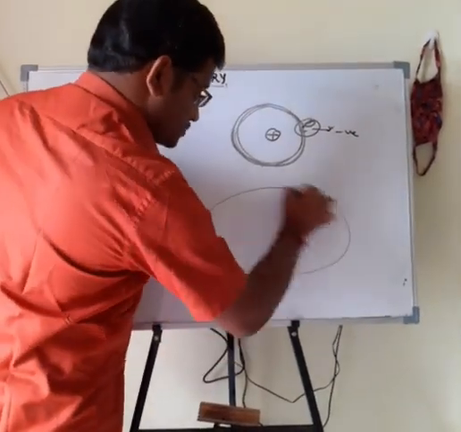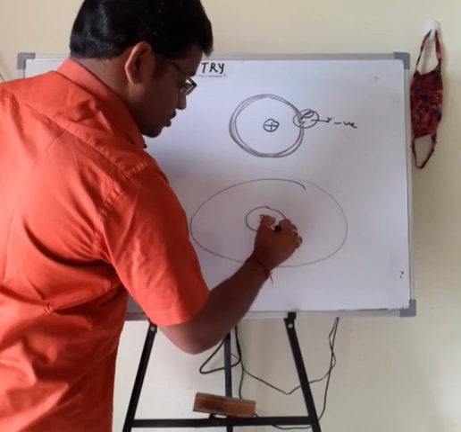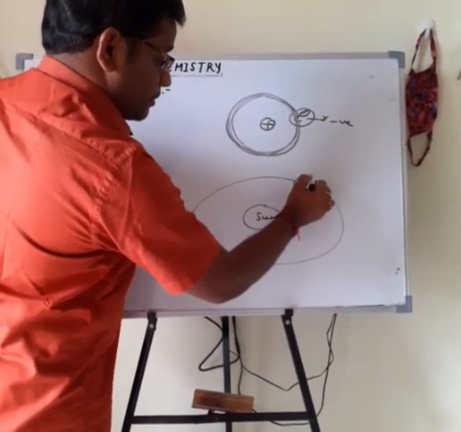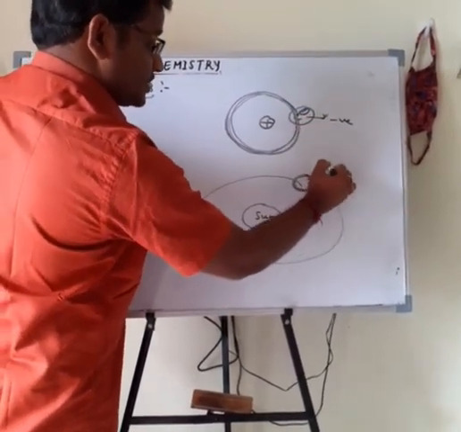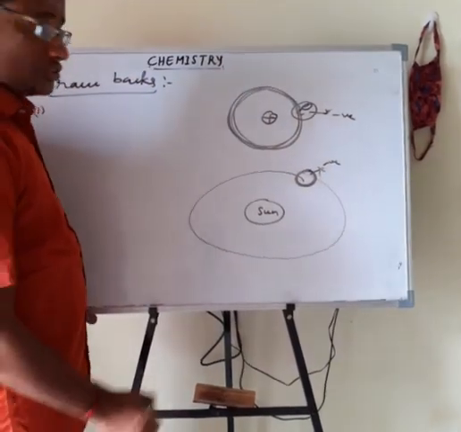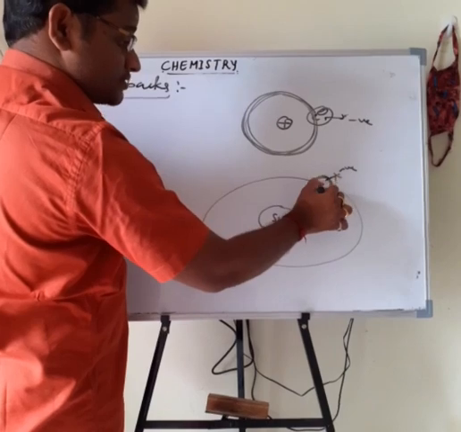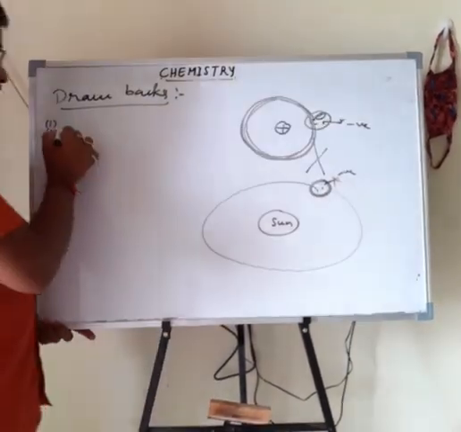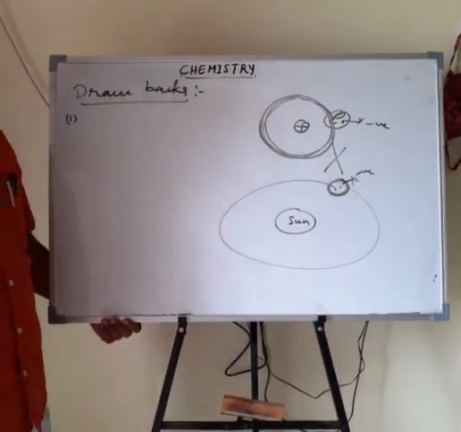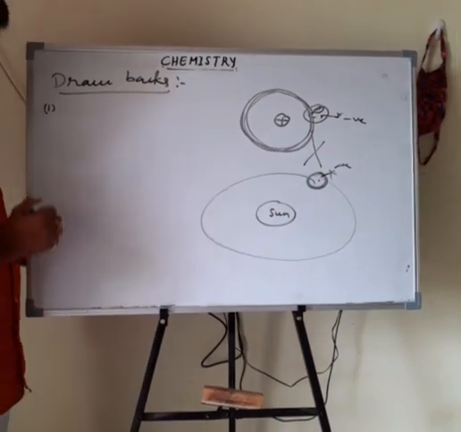Here is the sun and here are the planets. This type of negative charge is not there in planets. So the negatively charged electrons are resembled with neutral planets. That is the main failure of this Rutherford atomic model. That is the first drawback.